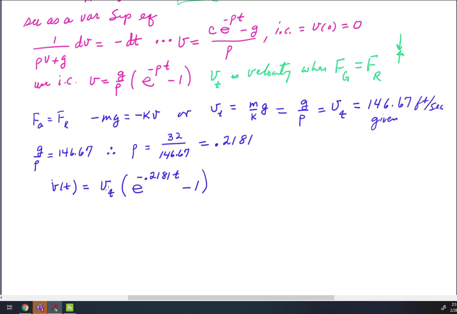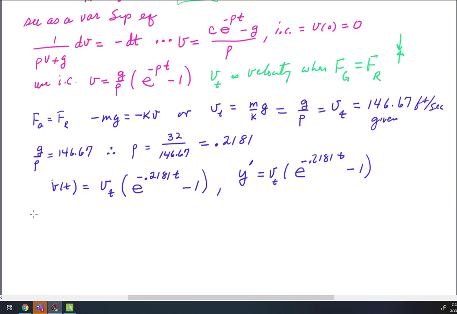And we know what v of t is. So we also know that v of t is y prime. So y prime is equal to vt, don't forget that's a constant, times e to the negative 0.2181 t minus 1.